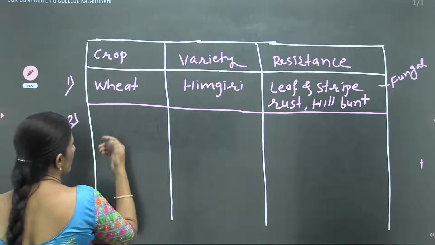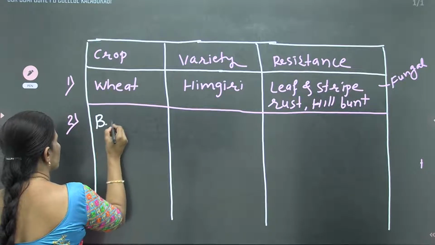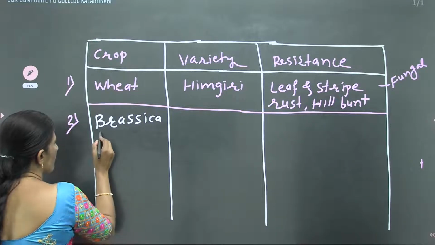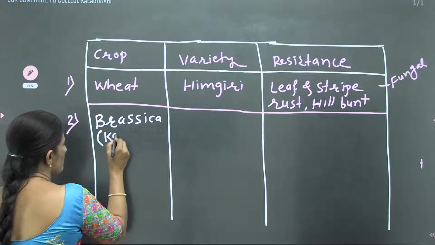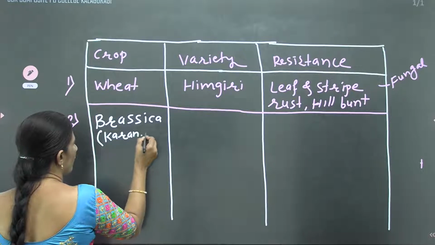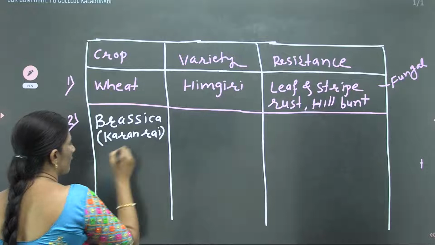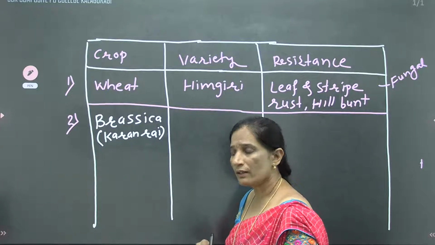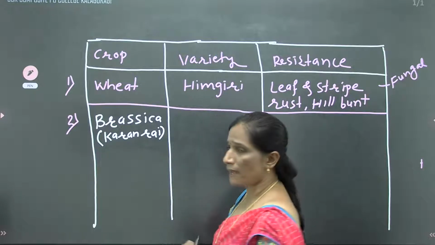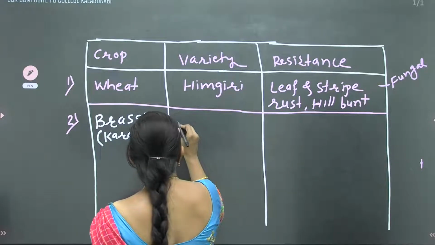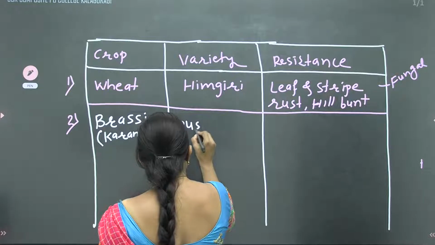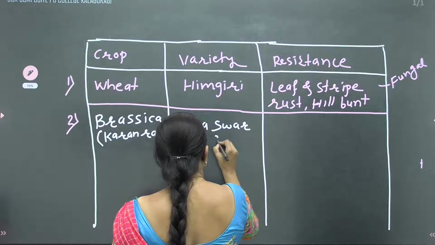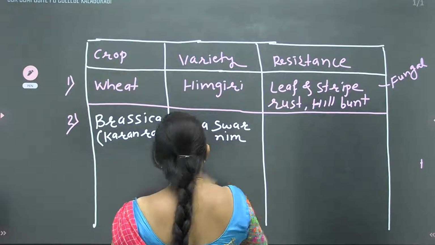The second crop is brassica. It is also called currant rye. Okay. So the variety of brassica is Pusa swarnim.